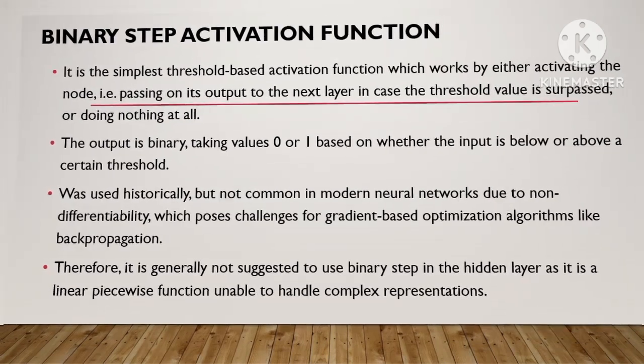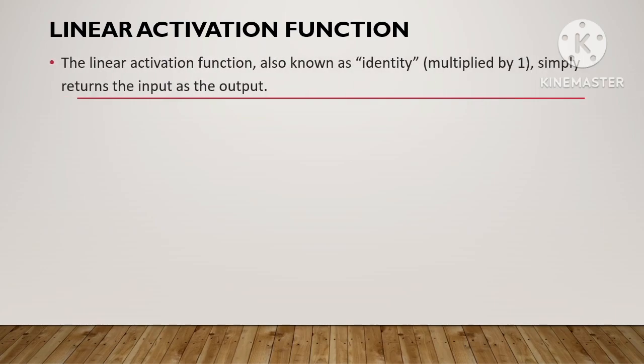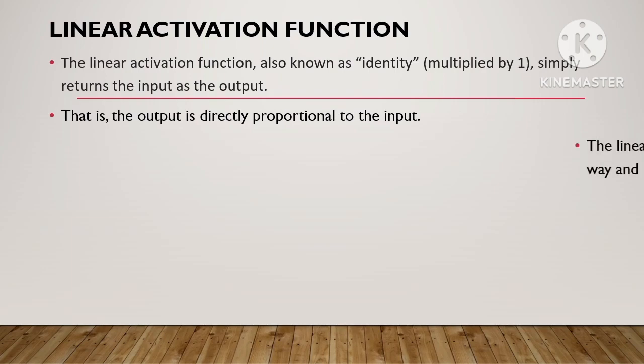Another activation function is the linear activation function. The linear activation function, also known as identity, multiplied by 1, simply returns the input as the output. So there's that mapping of 1 to 1. That is, the output is directly proportional to the input.